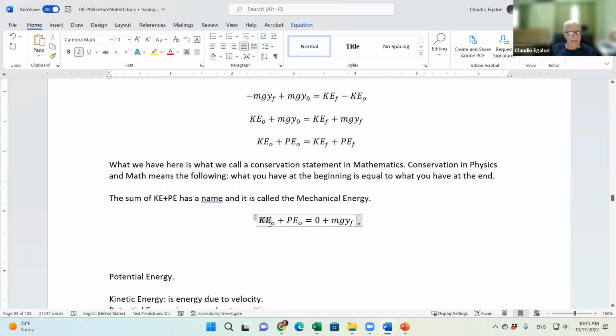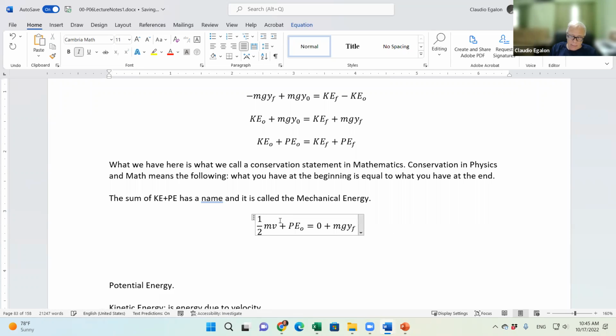The initial kinetic energy, we want to know the initial velocity. So in order to know the initial velocity, we have to find out the initial kinetic energy, right? Actually, you don't have to find the initial kinetic energy, you're going to see why. The initial potential energy is going to be mgy naught.